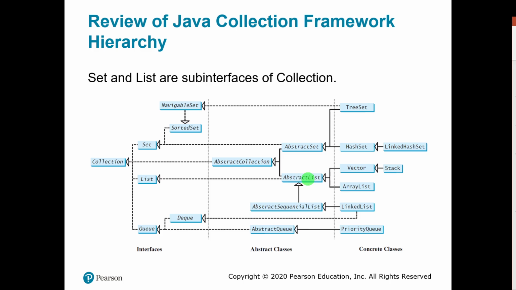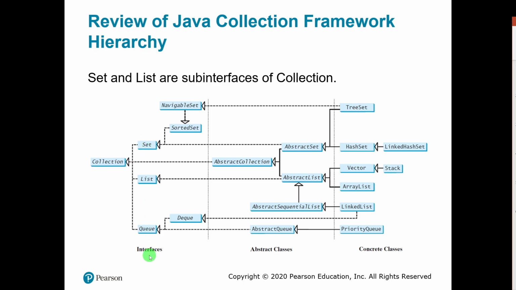Then we talked about the concrete classes, array lists, specifically quite a bit. We talked a little bit about linked lists, but now we're going down a different line from collection, and we are going to be looking at sets.